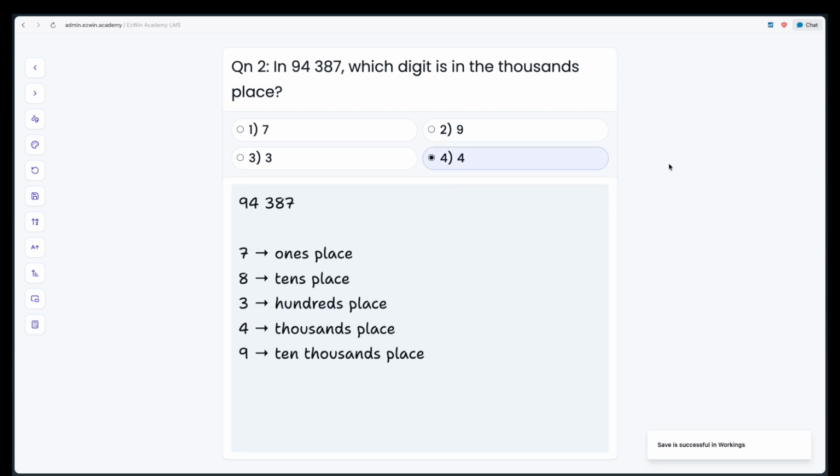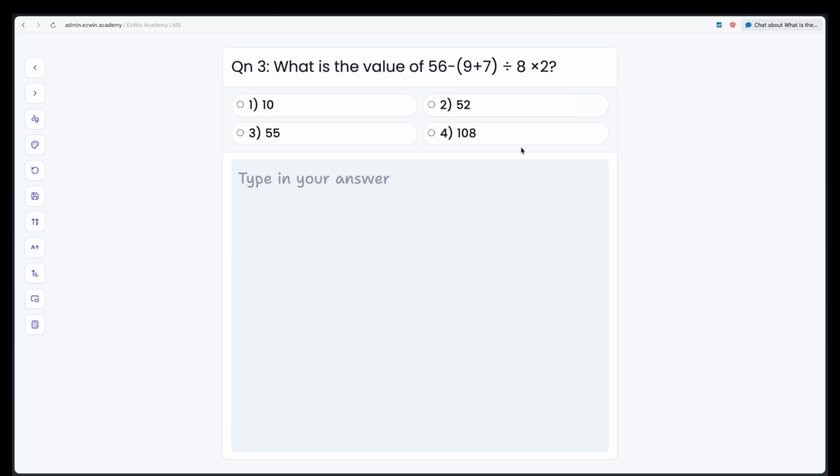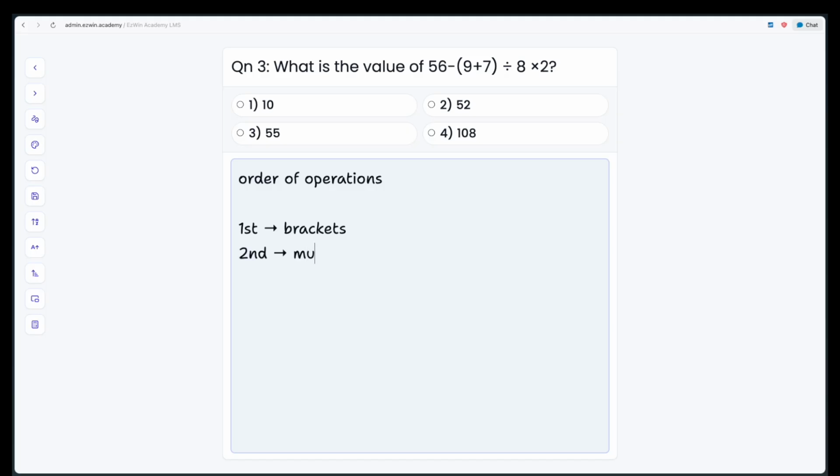Alright, let's move on to question number 3. What is the value of 56 minus bracket 9 plus 7 bracket divided by 8 times 2? So this is what we call the order of operations. First we need to have the brackets. Second we will have the multiply or divide, and lastly third we will have add or subtract.